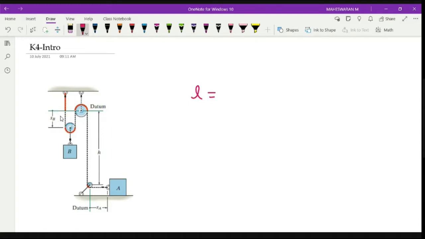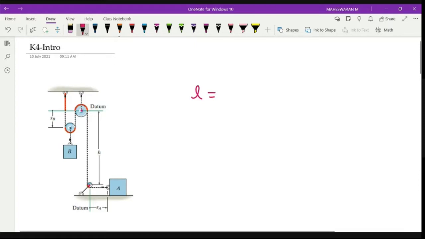The distance from this point to the other point of the pulley, I will consider as H. And the movement from this pulley to this block, I will consider as SA. Now I can identify my length.